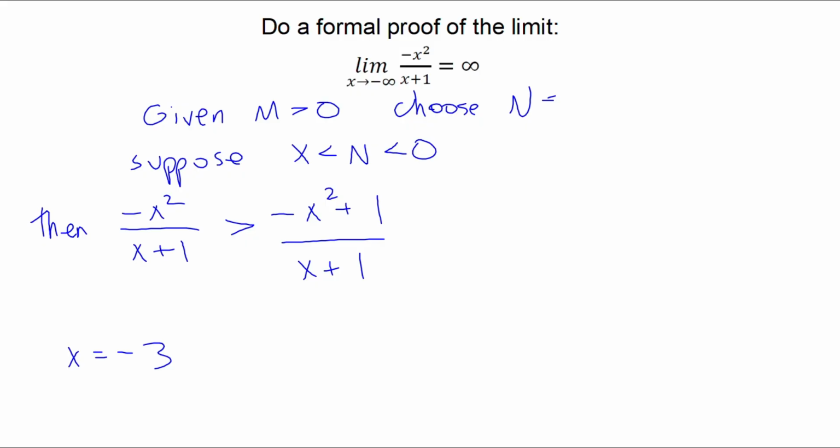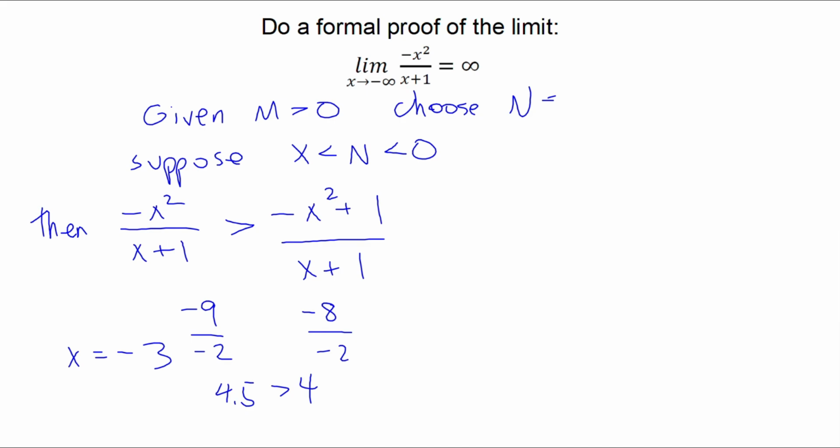If I square negative 3, I get 9, and then I put the negative in front of it. That's negative 9 over negative 3 plus 1, which would be negative 2. And on this side, if I have the negative 9 and I add 1 to it, that's negative 8, which is then divided by negative 2. Because those are positive values, we get 4.5 is greater than 4. And that should hold true no matter what, because these are all positive values in the end.